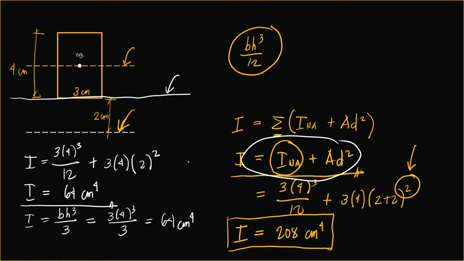Okay, so what I'm trying to emphasize here is this formula. This is called the transfer formula. We can also use that formula on any shape, on any shape. The general formula is the summation of I_NA plus AD squared.